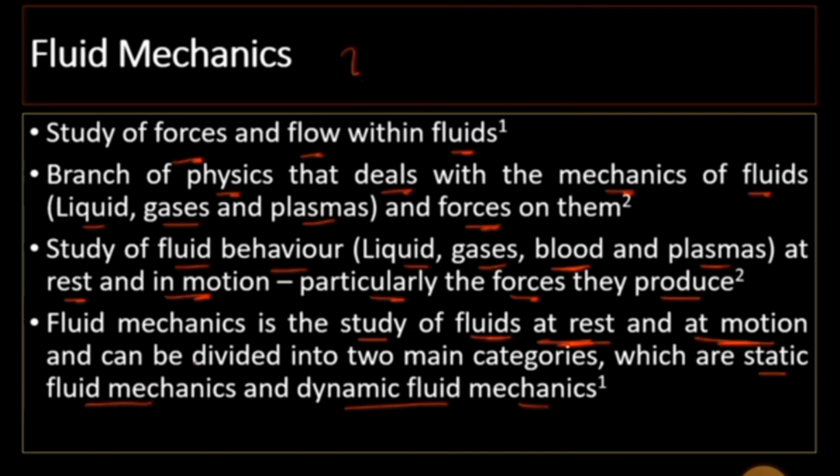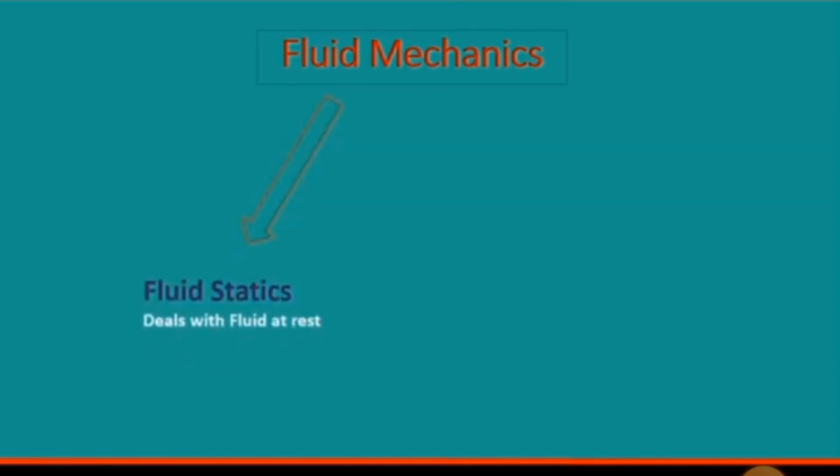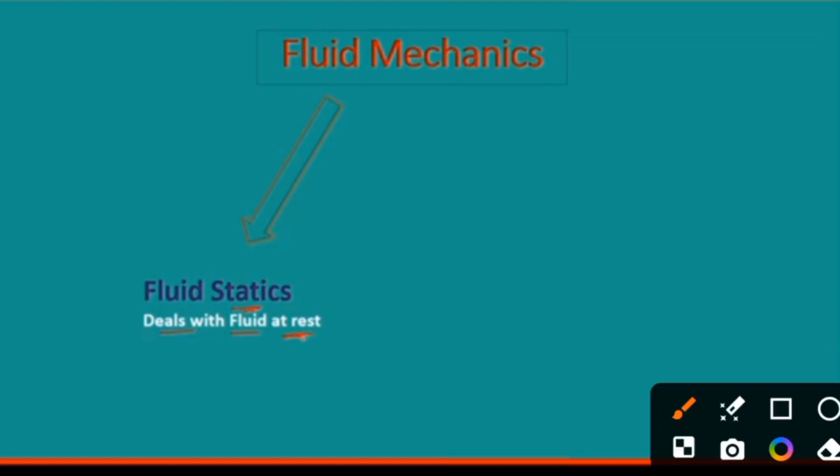And also, this fluid mechanics science is divided into two branches. The first one is fluid statics. And what is this fluid statics? Fluid statics simply deals with the fluid at rest position. And the other branch of fluid mechanics is fluid dynamics.